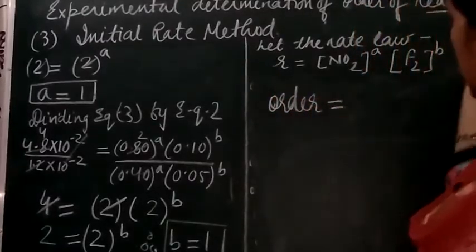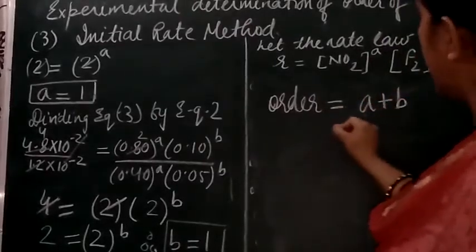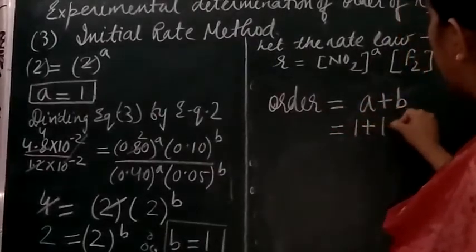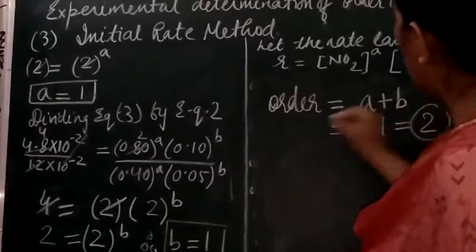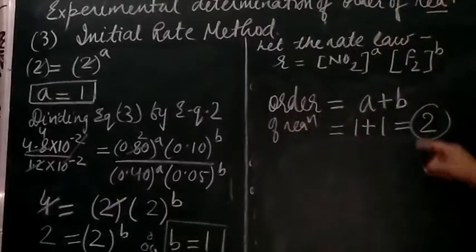So order will be A plus B, that is 1 plus 1, equal to 2. So the overall order of the reaction will be 2.